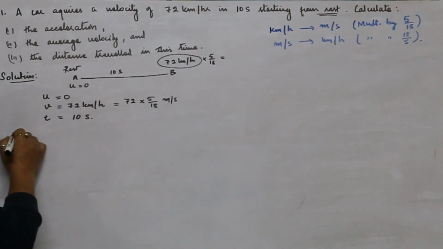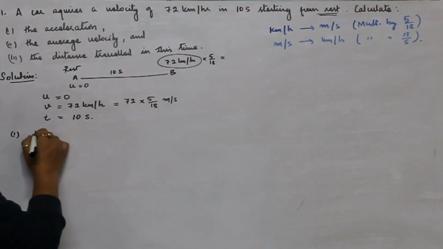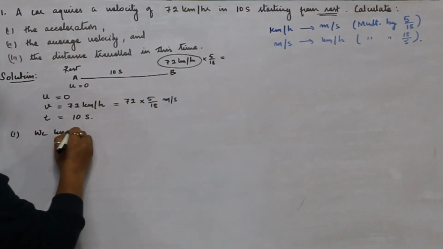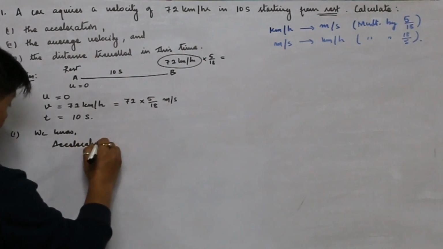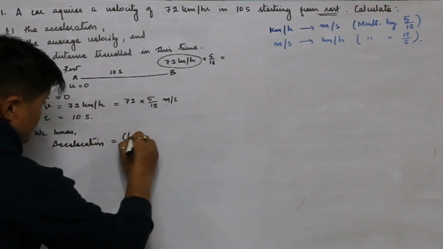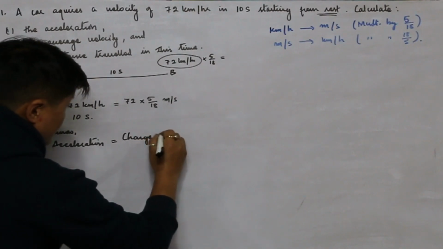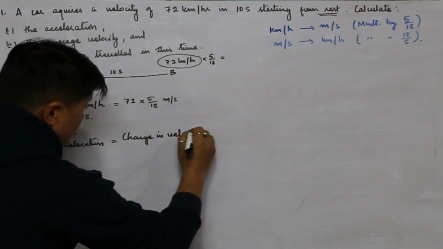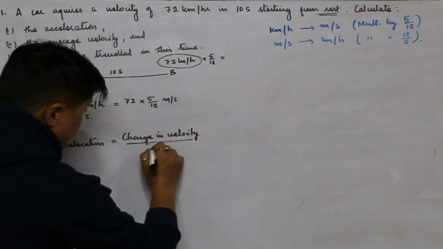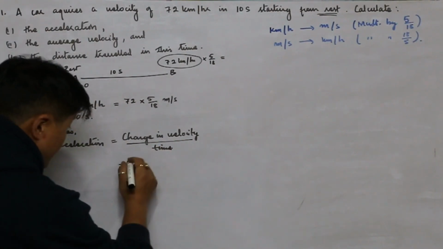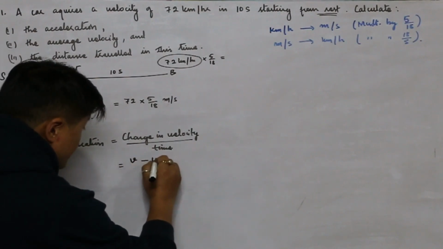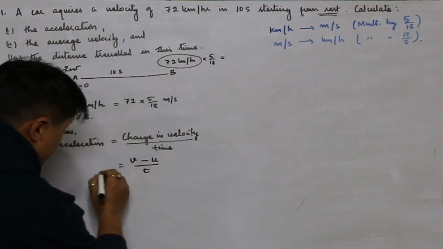The first question is to find the acceleration. We know acceleration is equal to change in velocity upon time. Change in velocity is final velocity minus initial velocity, upon time.